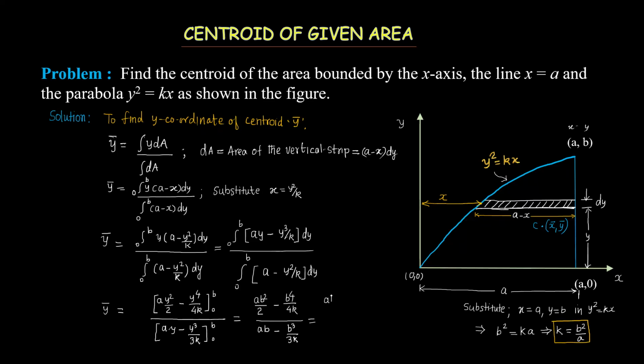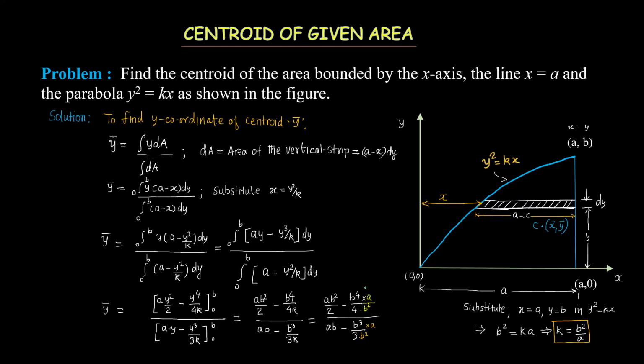So this is a b square by 2 minus b raised to 4 by 4k, where k is basically b square by a, so it is going to be b square, and then in the numerator we'll have a. In the denominator, friends, again we have ab here, no confusion, minus b cube divided by 3k, value of k is again b square by a, so it is going to be b square here, and in the numerator we'll have a.